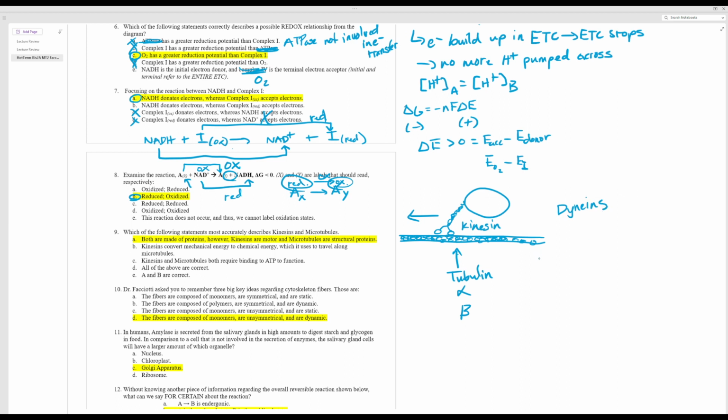Okay. A quick tangent on this is the microfilaments, which are made up of actin, which is still a protein, and it uses the myosin motor protein.